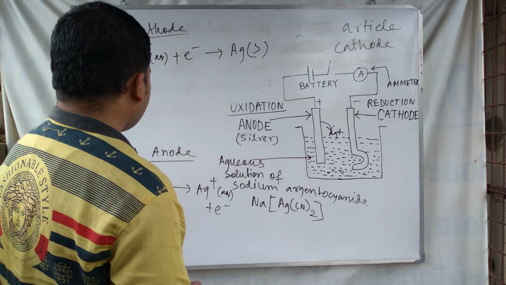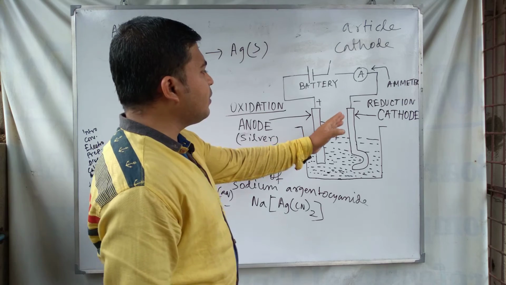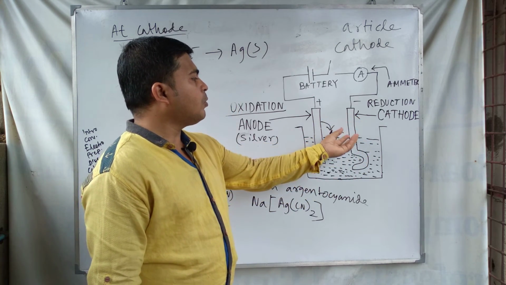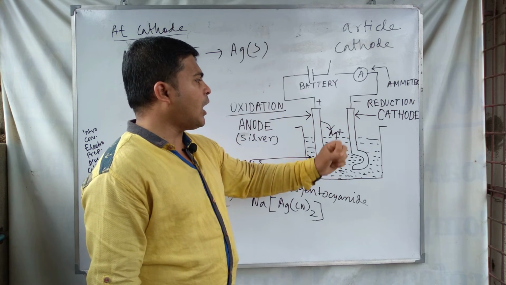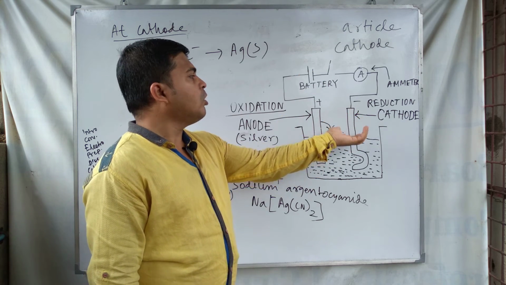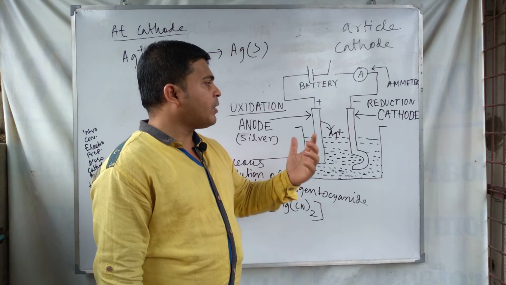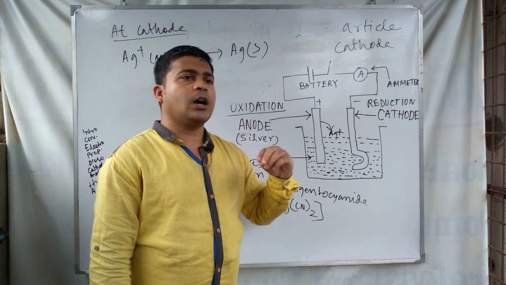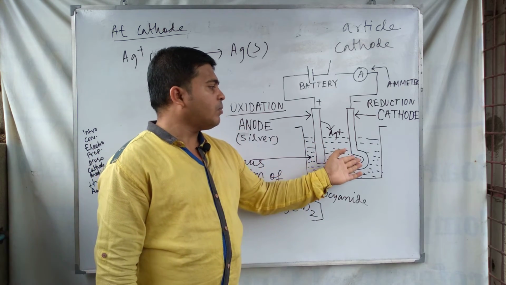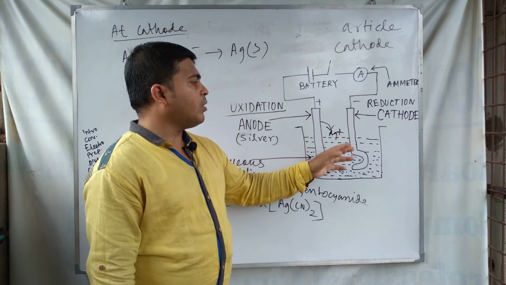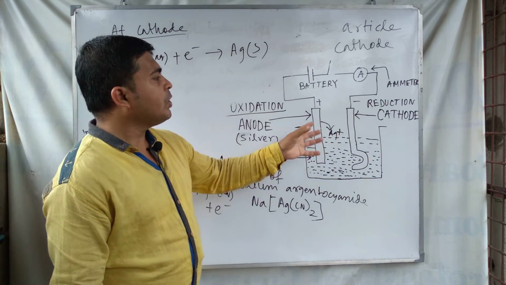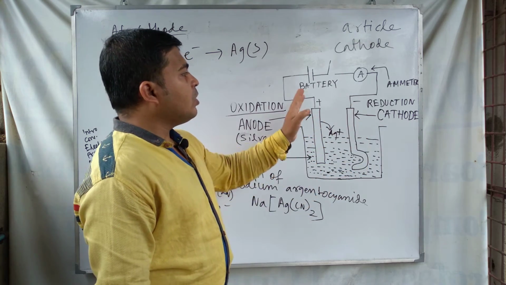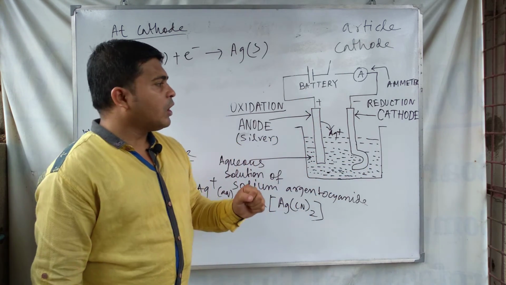Another important thing is, after finishing the electroplating process, we have to take the article or spoon out from this bath, wash it with water several times, dry it and then polish it. So in this way we can make the electroplated article.